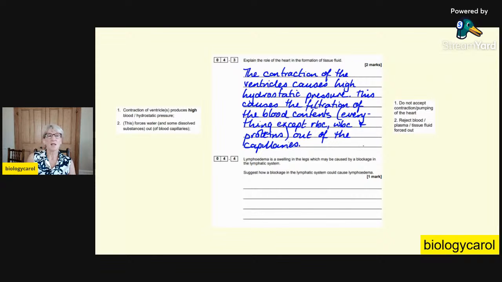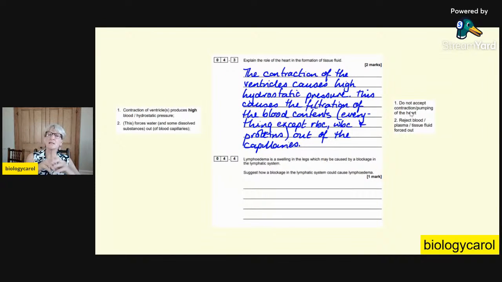Here's the examiner's notes. So notice that they really did want you to use those words, contraction of the ventricles, rather than just pumping of the heart, beating, contraction of the heart. They wanted you to be specific.